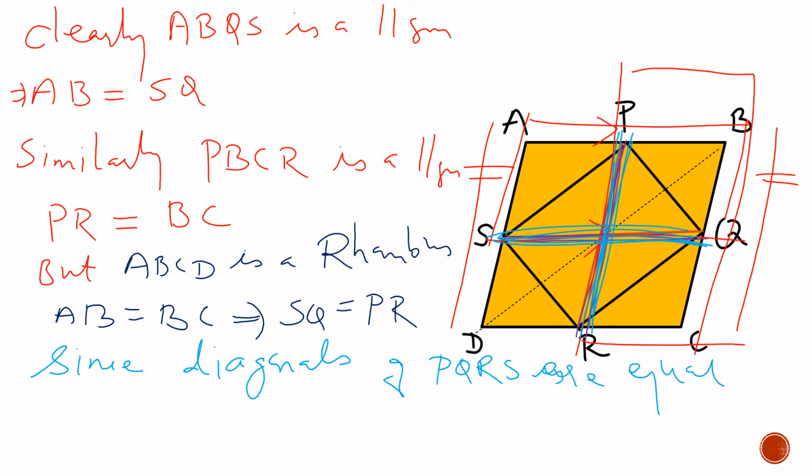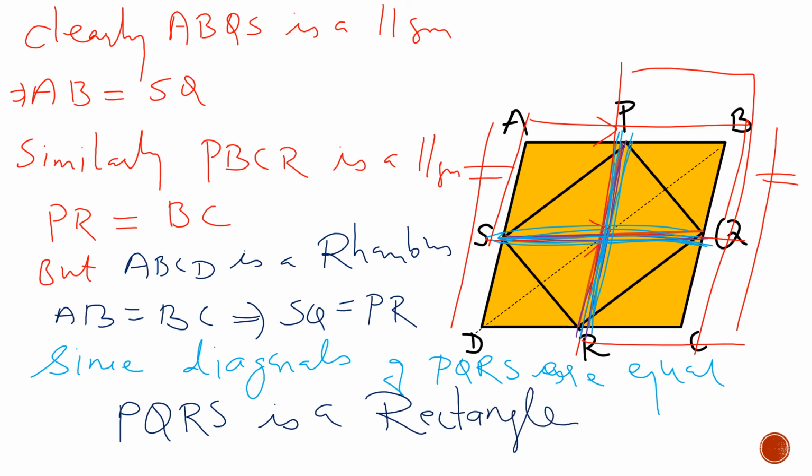If the diagonals of a parallelogram are equal, then it is a rectangle. Hence PQRS is a rectangle. I hope the properties of a rectangle and rhombus you recalled and understood this question.